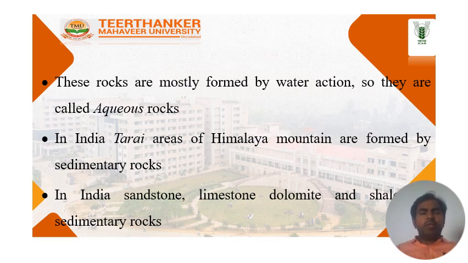That is why water is the major agent in the formation of sedimentary rocks. Second, in India, the Tarai region and the Himalaya mountains are found to have sedimentary rocks; in the Tarai region of India, these rocks are more dominant.